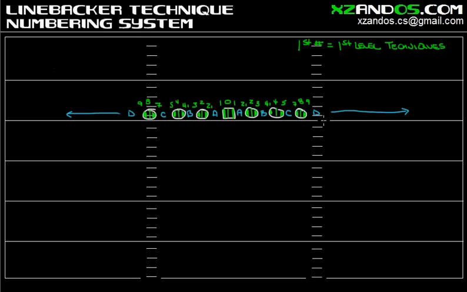Let's move into the second rule, the second criteria. Because we are talking about linebackers, or second level players, we are now talking about vertical depth. Depending on where your linebacker is in his technique, the second number is going to refer to vertical depth.